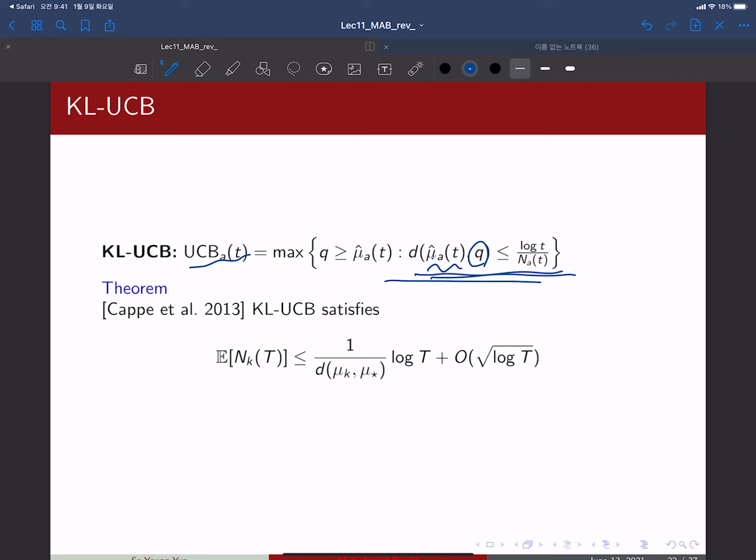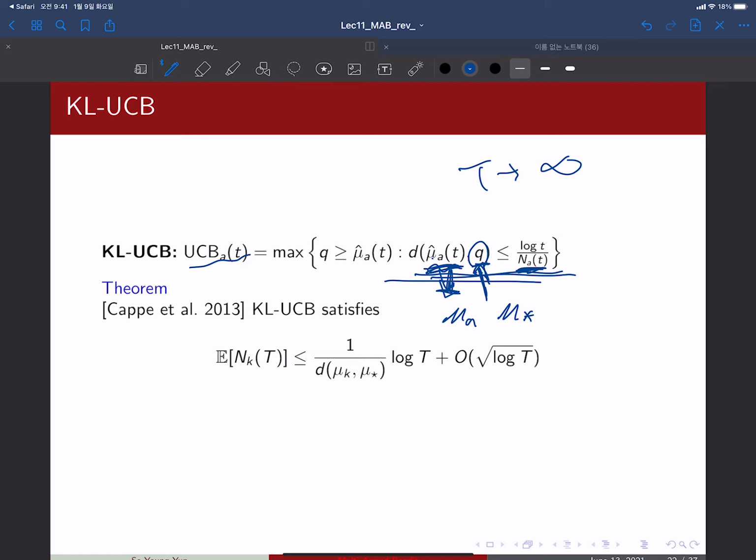Then when you play infinitely many times, so when capital T goes to infinity, what will happen? I believe this mu hat value in the end eventually goes to the mu A value, right? And we will control the N_A(T) value so that this Q value is a little bit less than mu star.